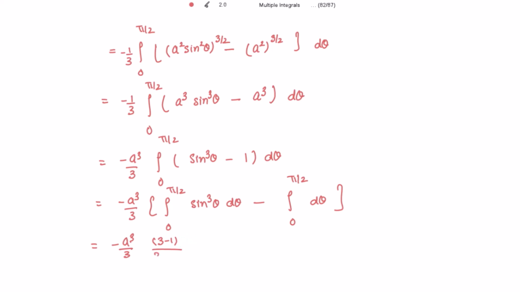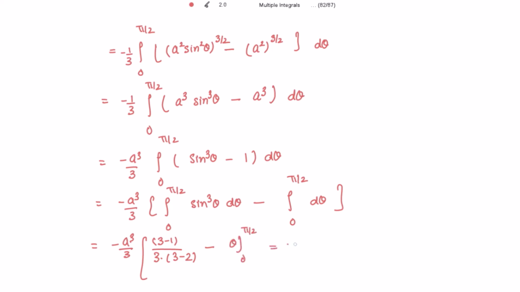Over, just write the power first and then subtract the power with even numbers till you get 1. So 3 minus 2, and 3 minus 4 is not required because then you will get a negative answer. So stop here only. Minus this is your theta, with limits from 0 to pi by 2.